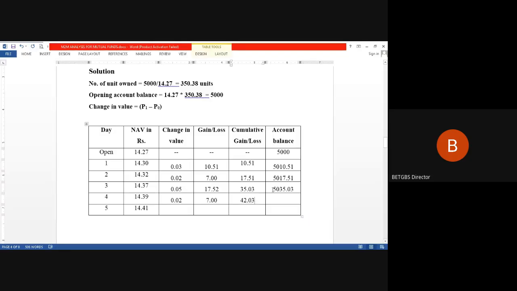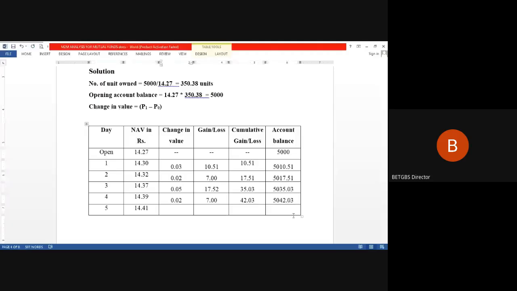This will be 5,042.03. And the difference is this, and if you multiply, it will be 10.51.